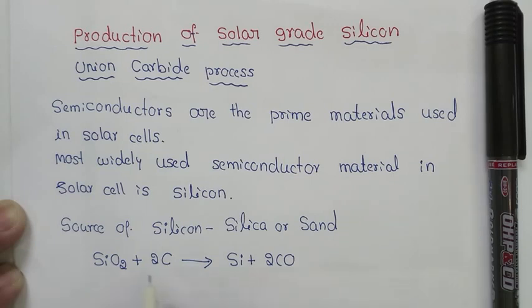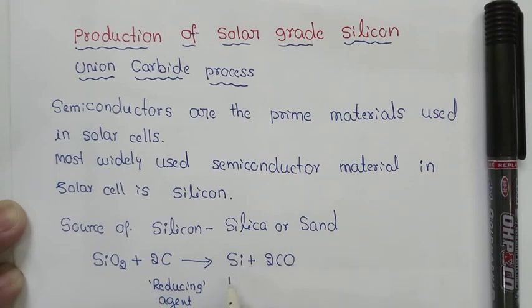Now here carbon in the form of coke is the reducing agent. Carbon or coke reduces silicon dioxide to silicon and carbon is oxidized. So here carbon is oxidized to carbon monoxide.